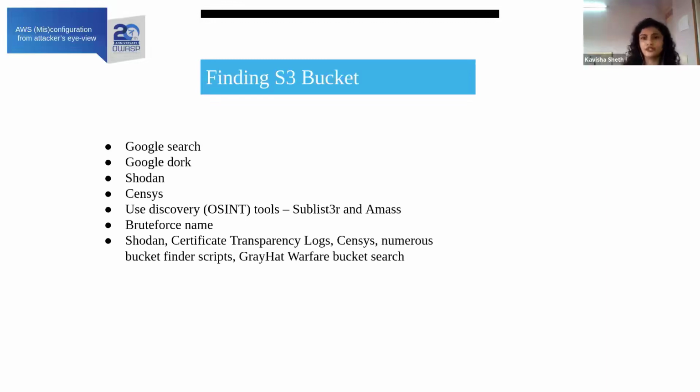You can even brute force, because the S3 naming convention is quite well known, so you can brute force around it, or you can use certificate transparency logs or Grayhat Warfare buckets. There are also numerous scripts available on GitHub that can be used to find S3 buckets.